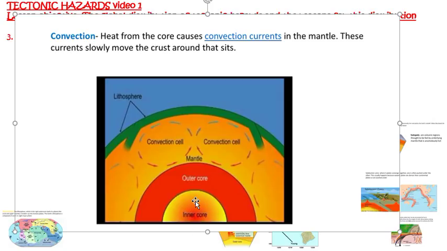It's radioactive decay. So radioactive decay in the inner core causes convection currents in the mantle, and we get movement in a circular motion, which obviously is a force that moves the crust around that sits on top of the mantle. So convection currents in the mantle cause the tectonic plates to move. Simple as that.